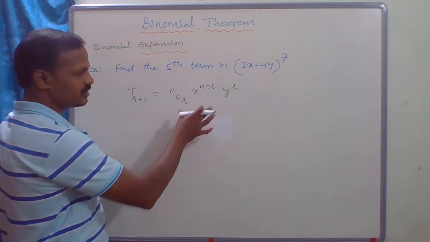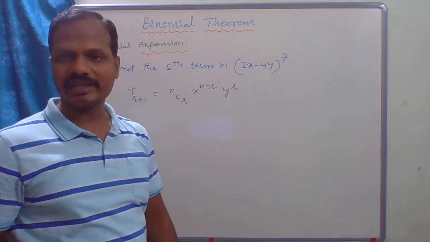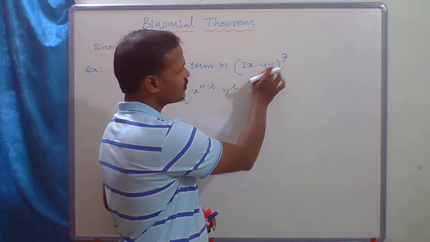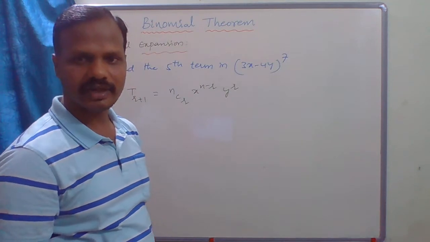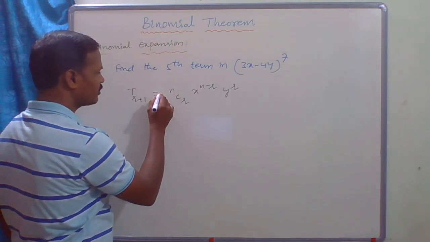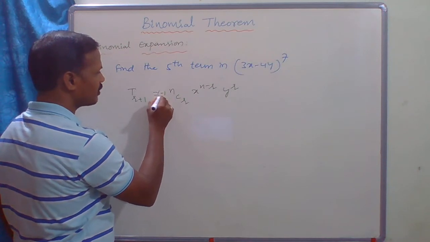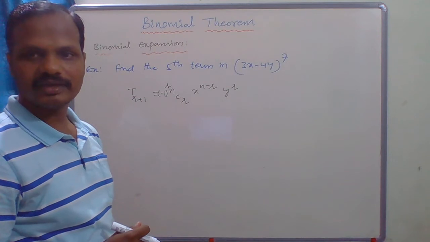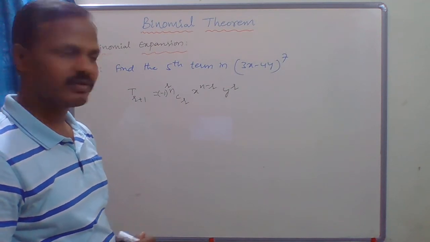This is in the expansion of (x plus y) whole power n, but here it is (x minus y) whole power n. So in that we have to write (minus 1) power r, ncr x to the power n minus r y power r.